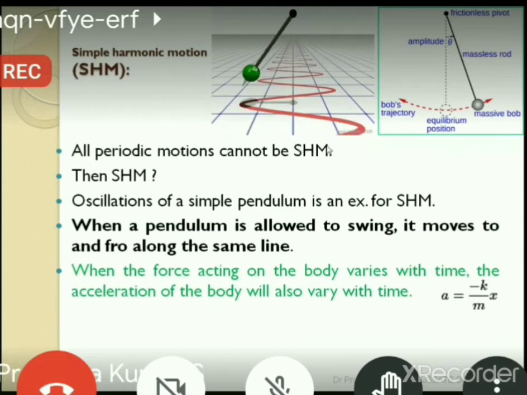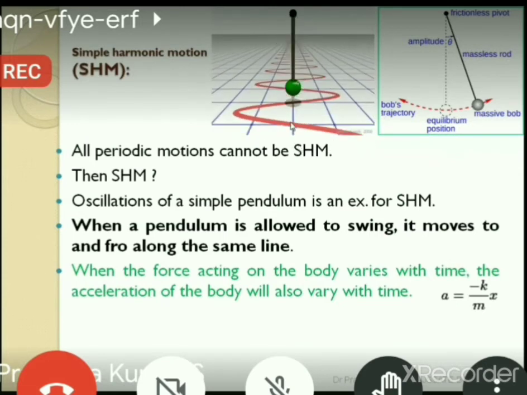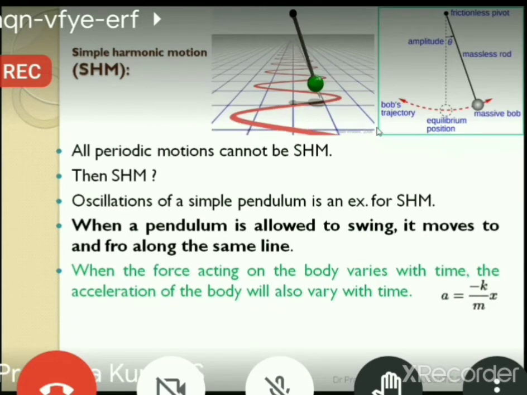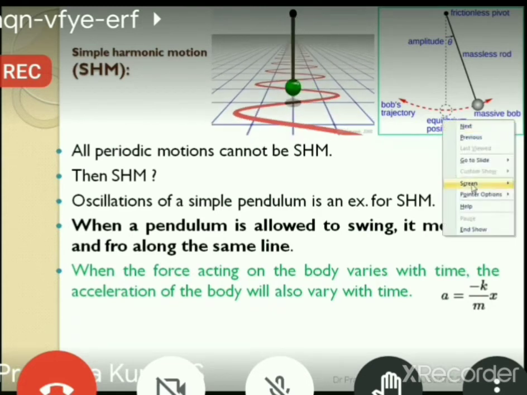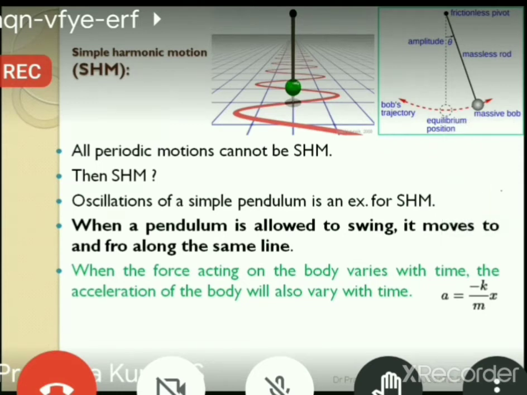Now if I use Newton's laws of motion here, for example, I'll write F is equal to ma. That is Newton's law of motion. And for every spring, we have already seen the force.